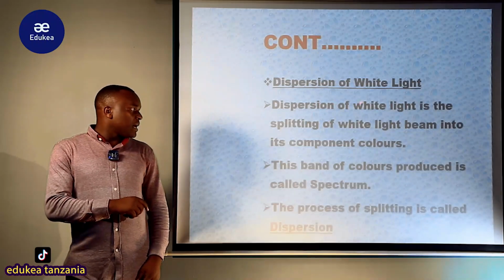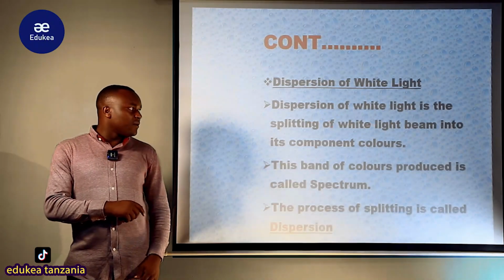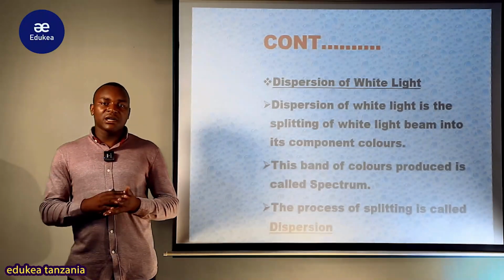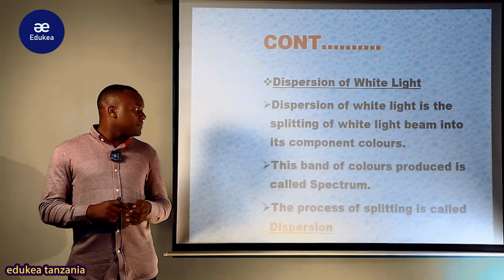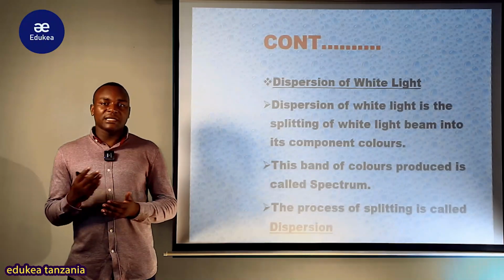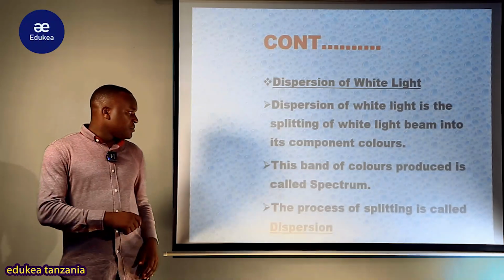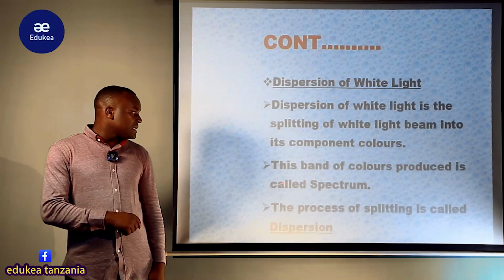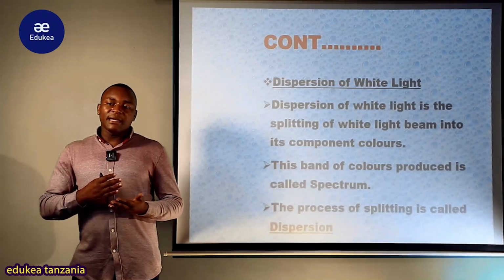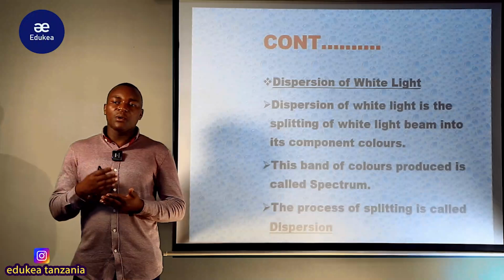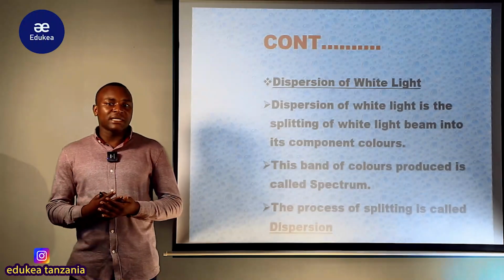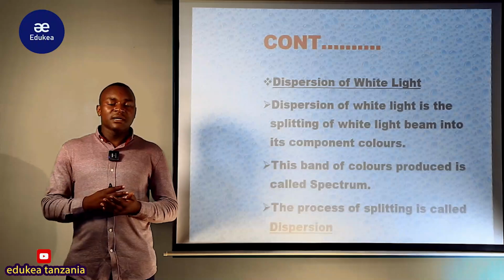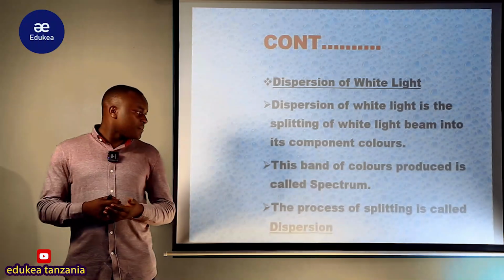So dispersion of white light is a splitting of white light, ni kule kugawanyika au kuvunjika kwa white light beam into its components, kwenda katika component zake. Tunasema kwamba this band of color produced is called spectrum, kwamba ile band of color inayokuwa produced after dispersion of a white light, tunaziita spectrum.